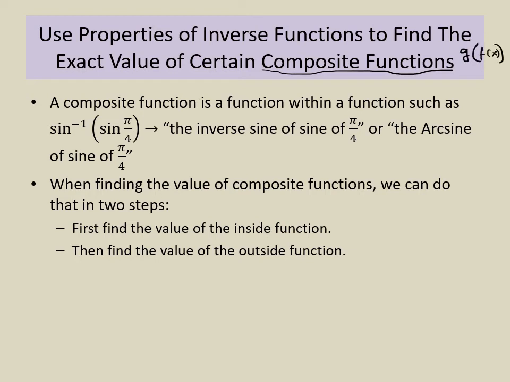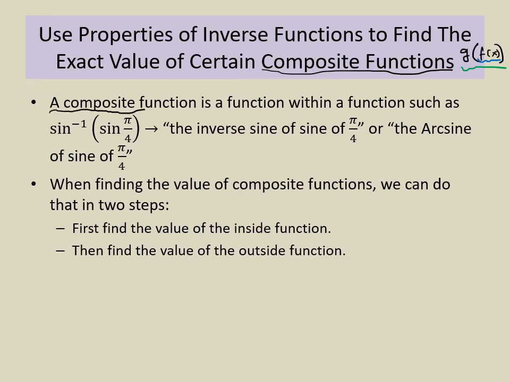That is a function, f of x, within a larger function, g of x. So it's two functions within each other. That's the general definition of a composite function. Now we can do the same thing with the trigonometric functions.